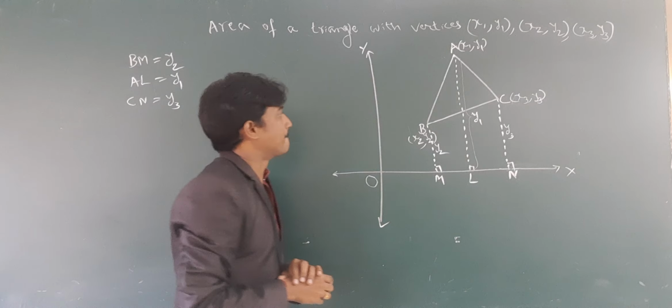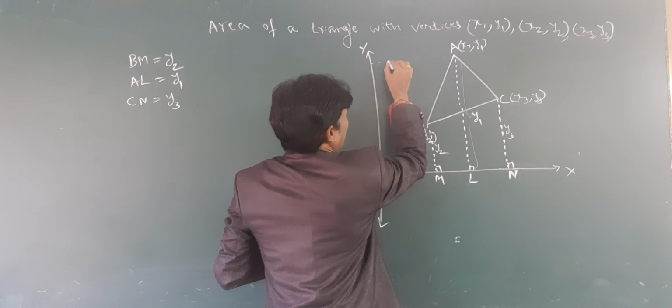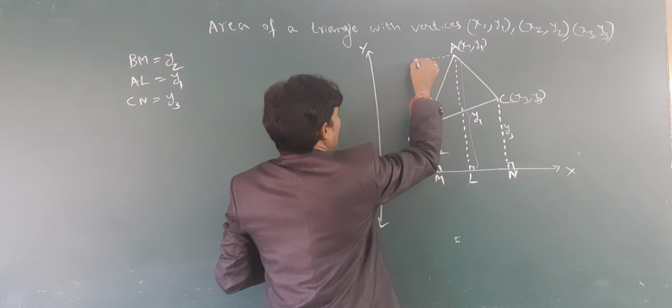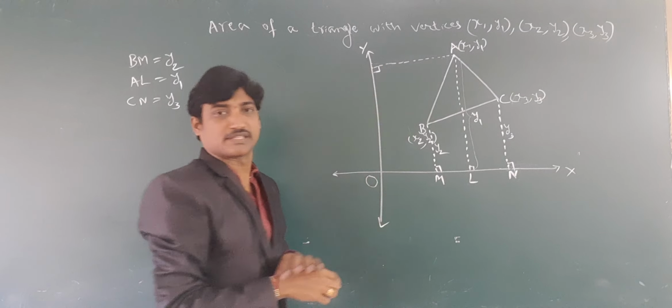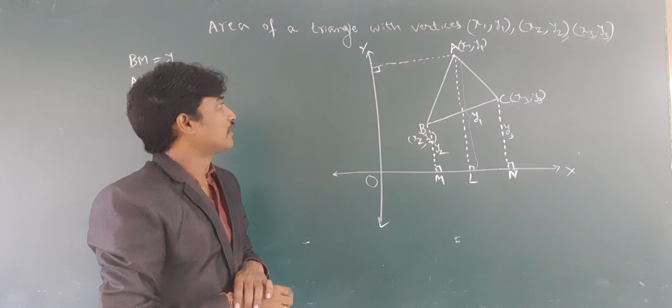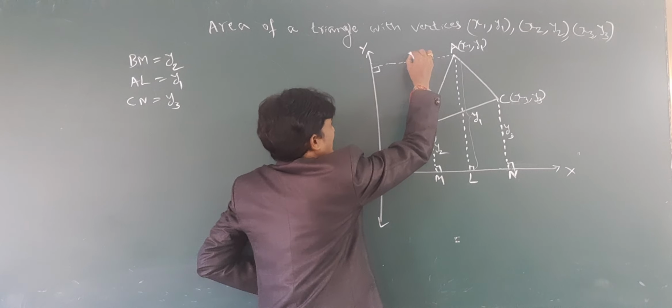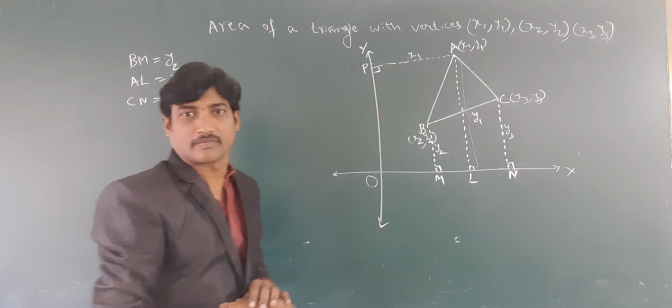Next, the perpendicular distance from the y-axis to a point is called the x-coordinate. That means AP is x1.